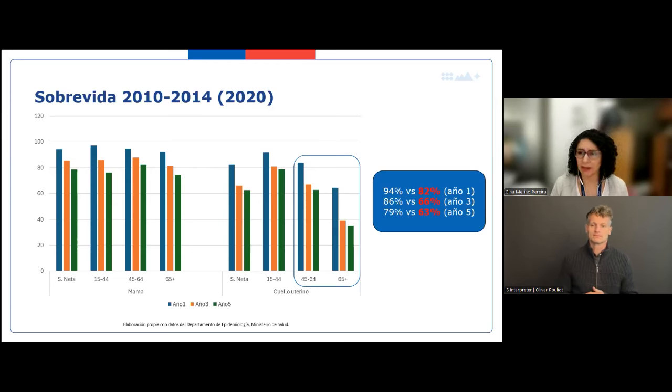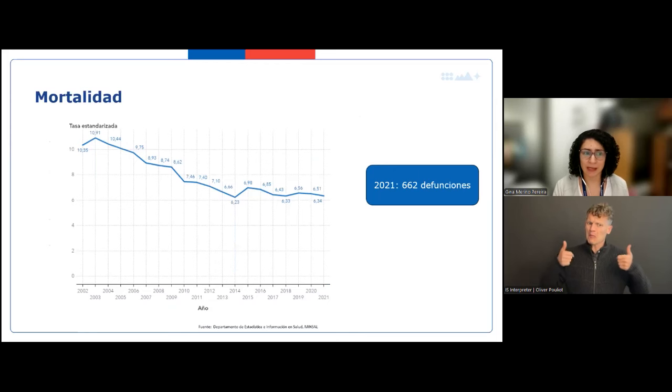This is a lot more dramatic. There is a comparison of survival, and we see that cervical cancer is completely preventable. It has a long history, as was shown before, and the survival is way below what happens with breast cancer. In a survival analysis at 5 years, you see 63% versus almost 80% in breast cancer.